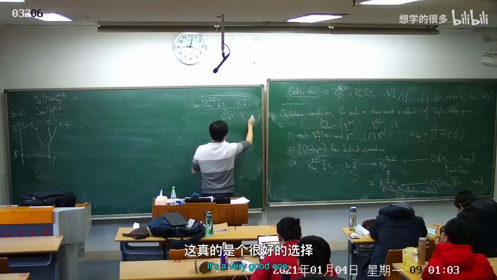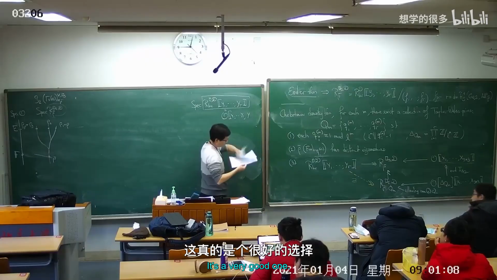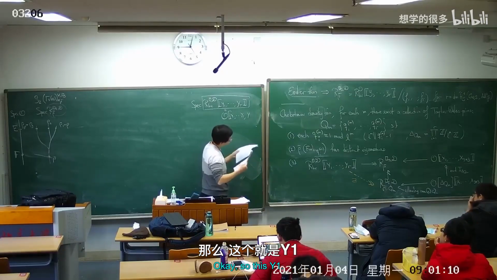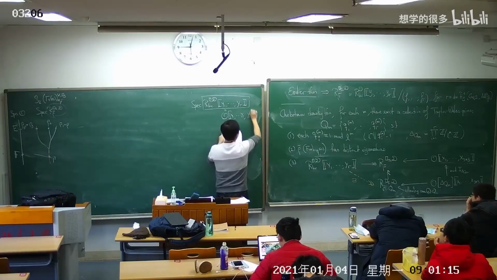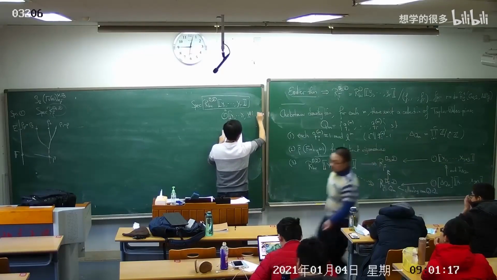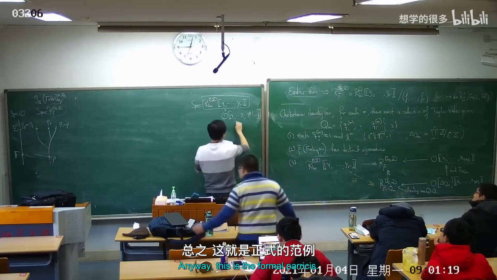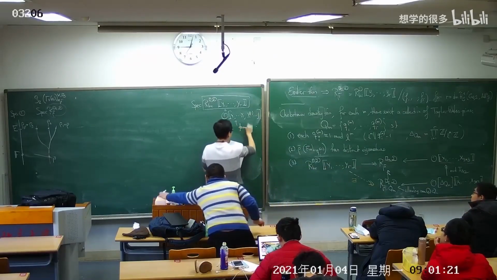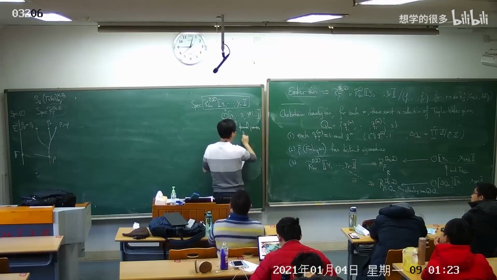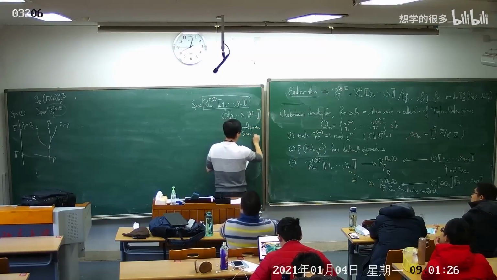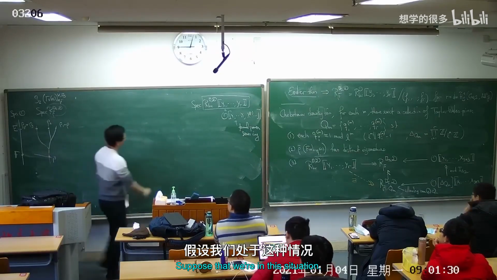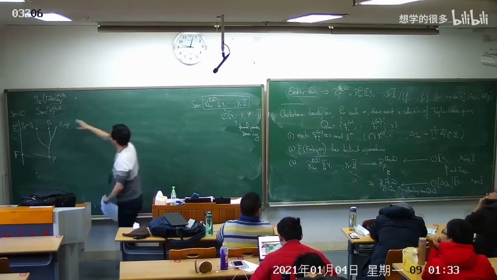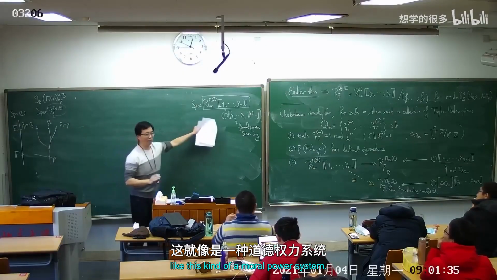With these variables Y1 through, this P, all these things. Anyway, this is the formal power series ring. Now we're going to dream. Suppose we're in this situation, where my deformation ring is just a formal power series ring.